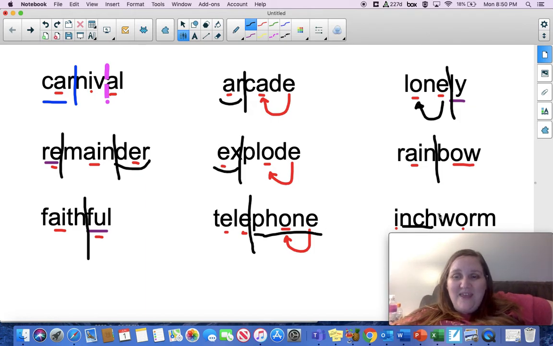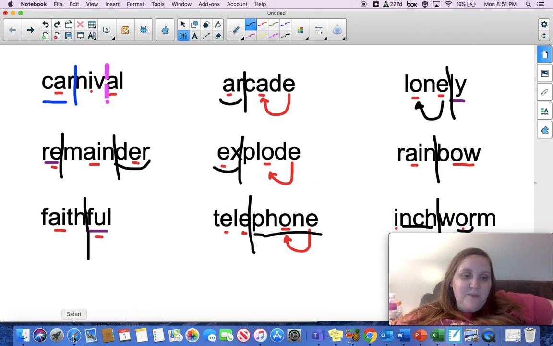So I think it would break right here. Now look down here. RM. That's not super common, but OR is, isn't it? So that tells me we don't need to break it here, because this only has one vowel in it, so we only need one syllable here. So this word is inch, worm.